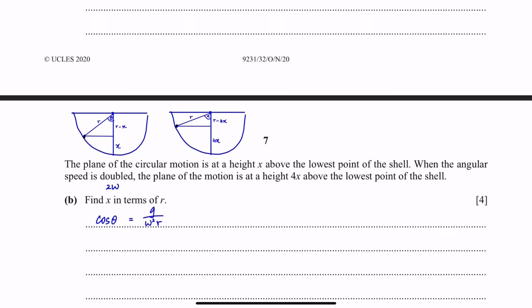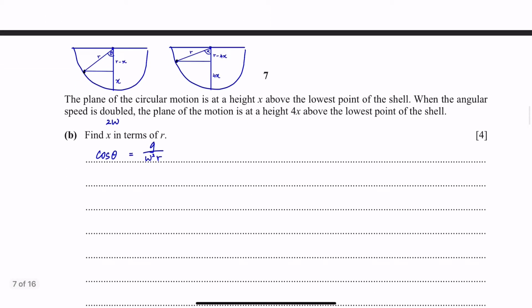So let's look at the first situation first. In the first situation, we can use this again, but we need to sub cos theta as something else. So cos theta, we can now write it as r minus x over r. So r minus x over r equal to g over omega square r.